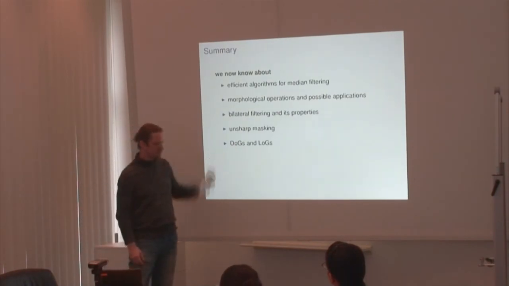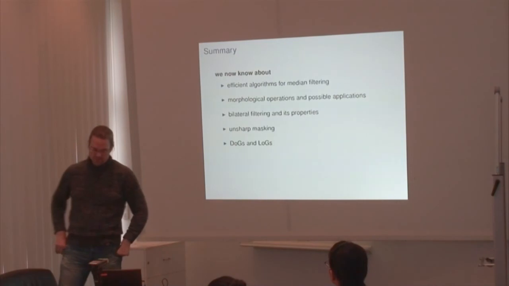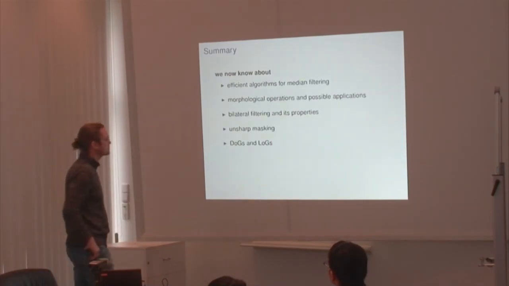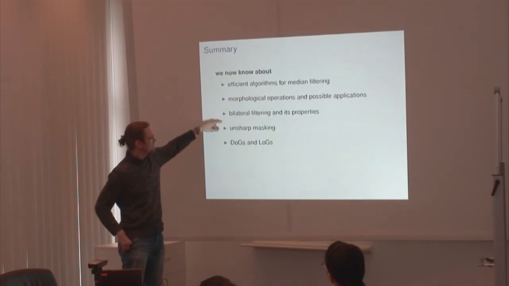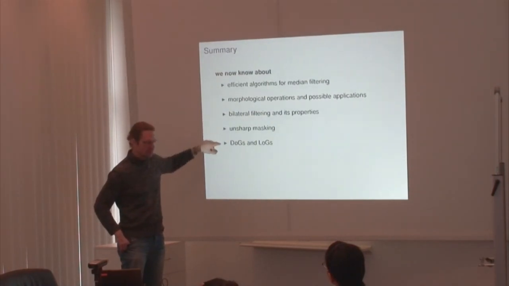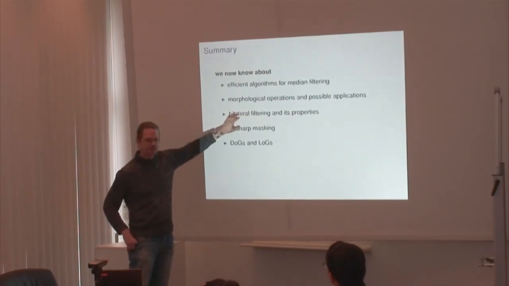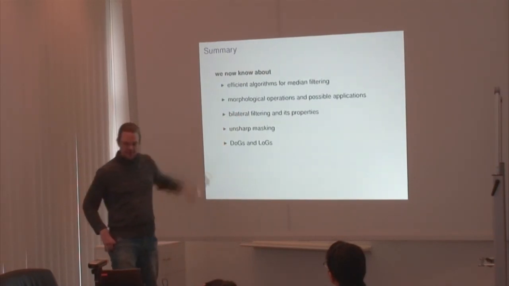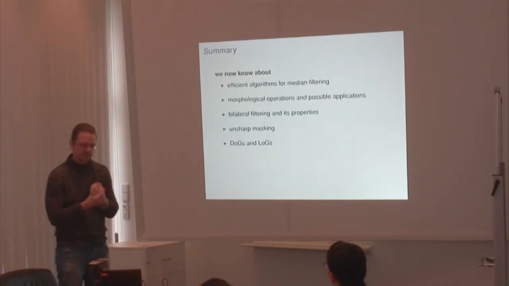To simplify our lives, we can also think of difference of Gaussians instead of Laplacians of Gaussians. So let's see, this one involved some Gaussian stuff, this one involved some Gaussian stuff, so there's nothing we can do about this one, but these two things we can make fast. And next week we will study how that can be done.